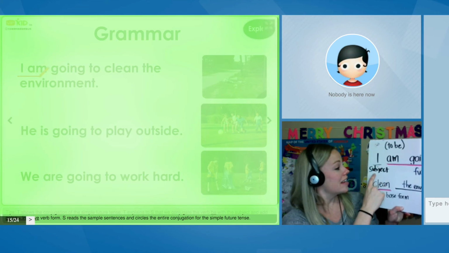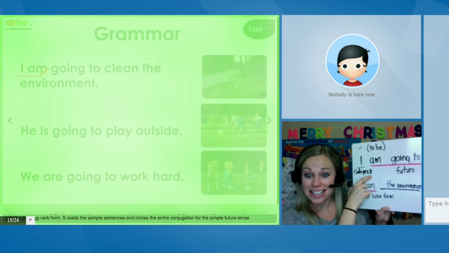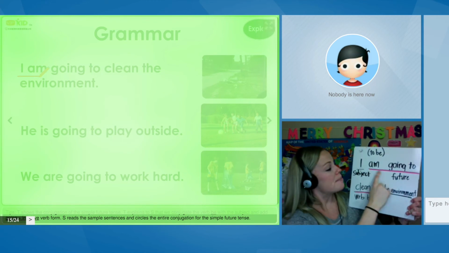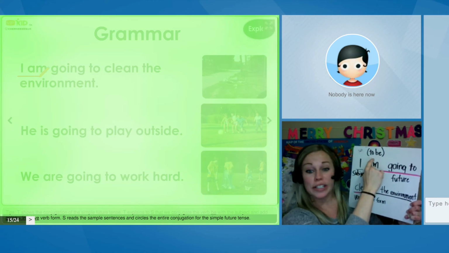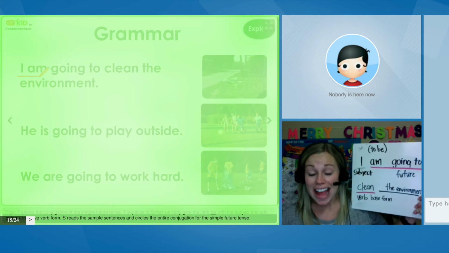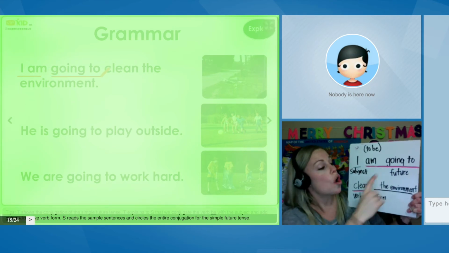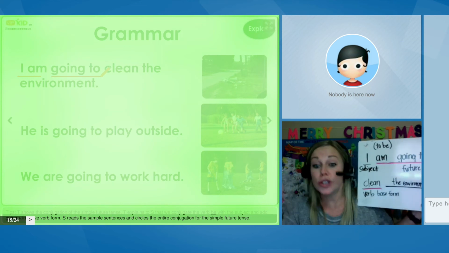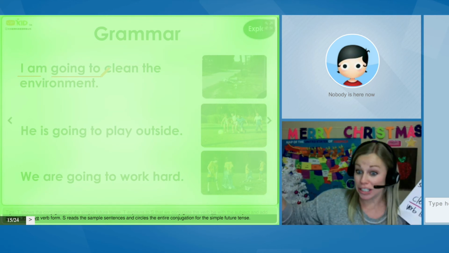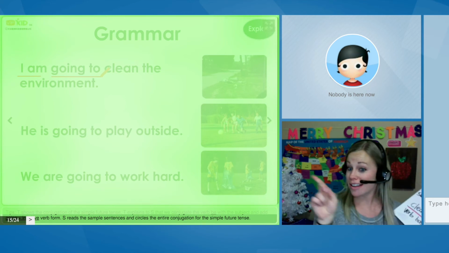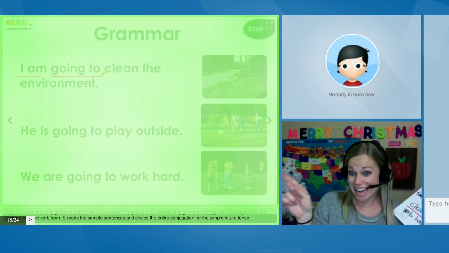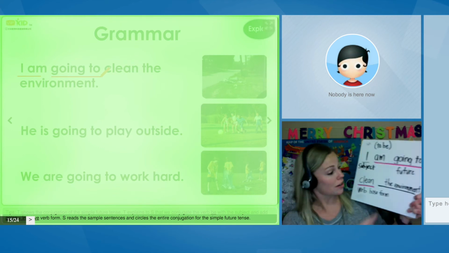I is my subject. Am going to. Am is to be. I am going to. Future. We are going to do it. Not today, not yesterday, tomorrow, or the next day. Future.